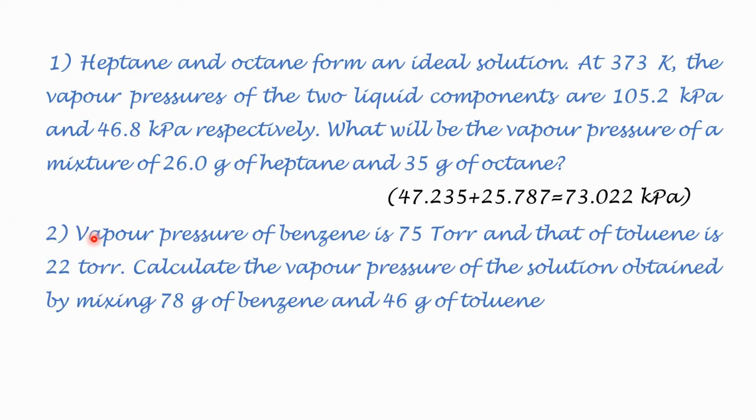Second is, vapor pressure of benzene is 75 torr and that of toluene is 22 torr. Calculate the vapor pressure of the solution obtained by mixing 78 grams of benzene and 46 grams of toluene. So this will be the answer. Please do it at home. See, we will not be in a position to work out all problems in this class. So work out more problems from your textbooks.